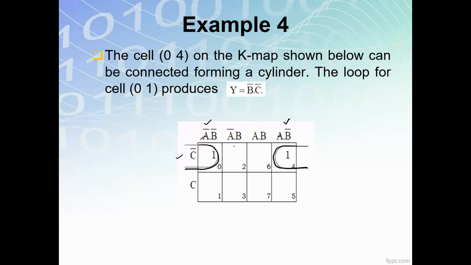Only C bar is involved. So the answer should be B bar dot C bar. Yes, left and right wrapping is possible.